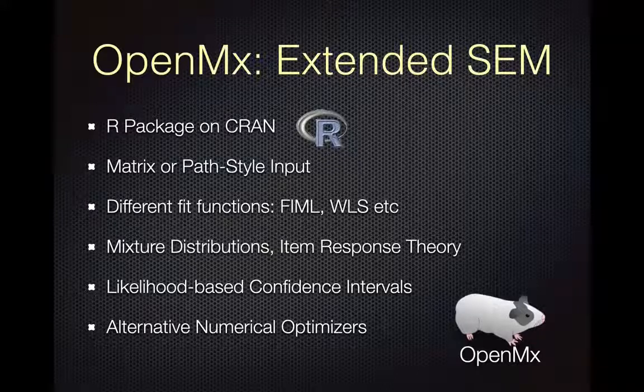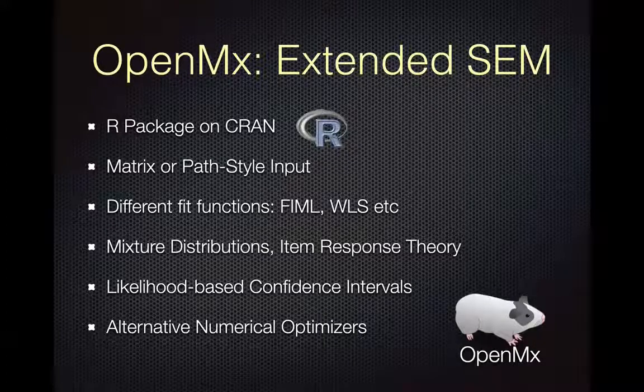OpenMX is a very fully featured structural equation modeling program and contains a large number of extensions, some of which you can find in other packages and others you cannot. It has the usual kinds of fit functions for structural equation modeling, and was particularly innovative in the development of full information maximum likelihood, which is particularly useful for dealing with data sets where you have missing data.